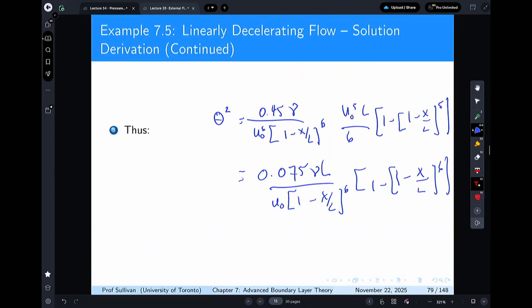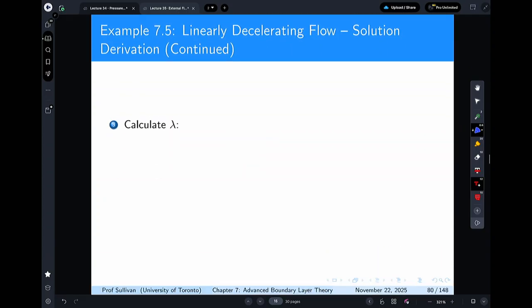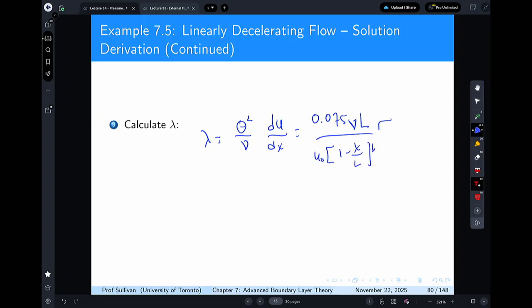So from theta squared, I can say lambda is equal to theta squared over nu times du dx, which equals 0.075 nu L over u naught times 1 minus x over L to the 6th, and that quantity multiplied by that du dx that we calculated at the very beginning of this example.